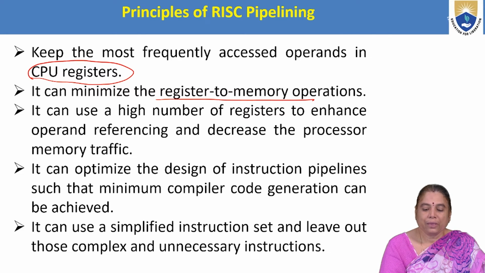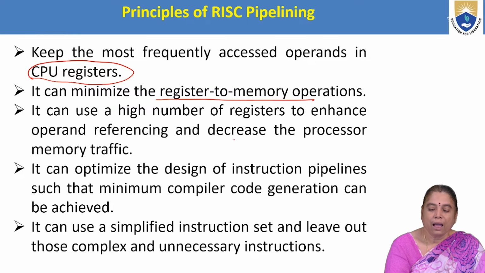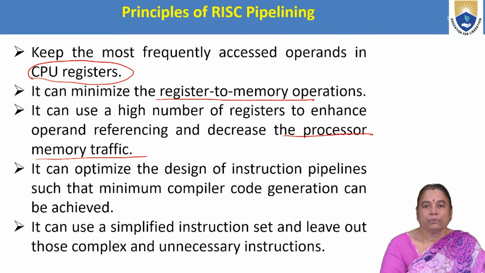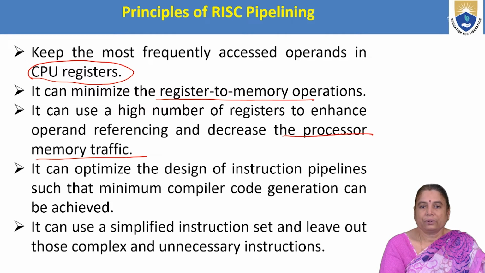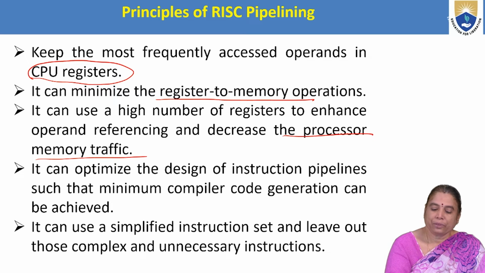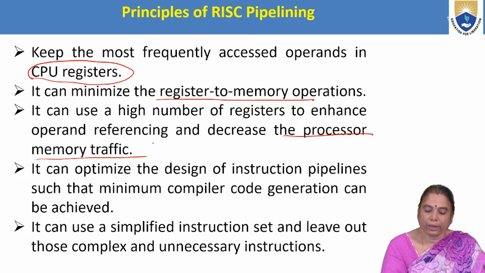And it can use a high number of registers to enhance operand referencing and decrease the processor memory traffic. So the number of general purpose registers is high in case of RISC architecture to minimize the frequent referencing of the memory and to reduce the processor memory traffic.